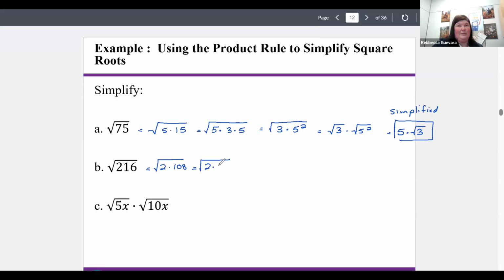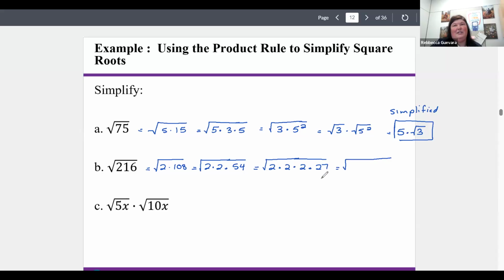So we'd have 2 times 2 times 54, because 2 times 54 gives us 108. 54 is also divisible by 2. I could break this down further into 2 times 2 times 2 times 27.